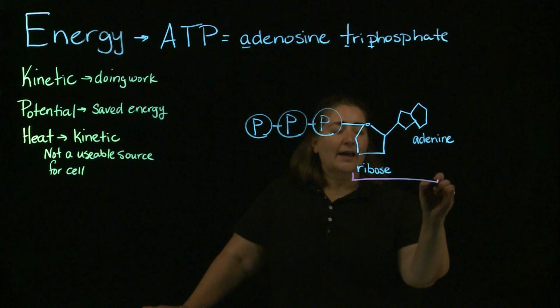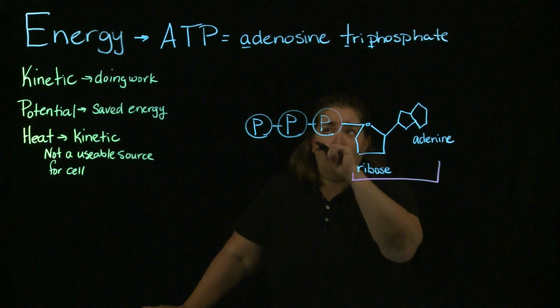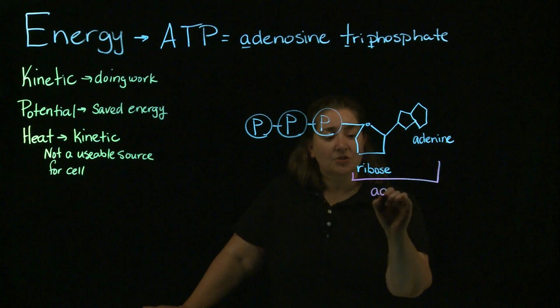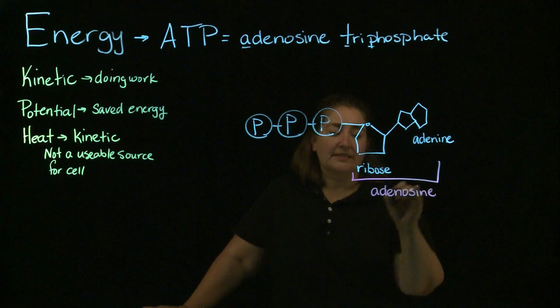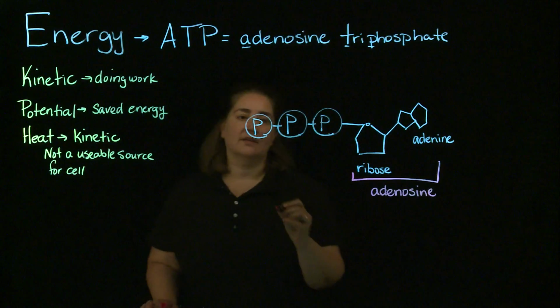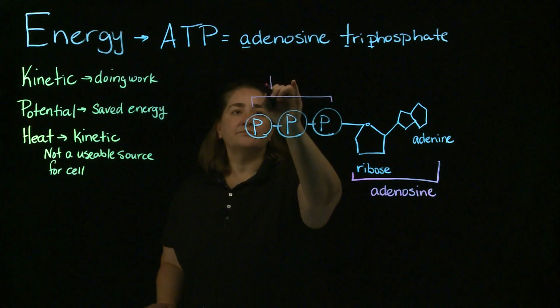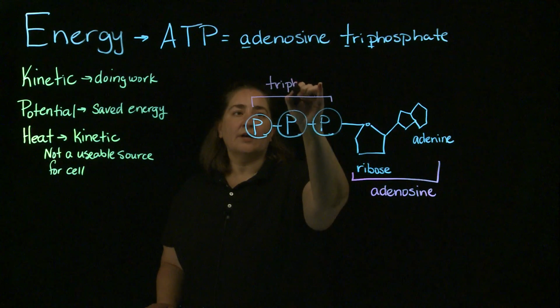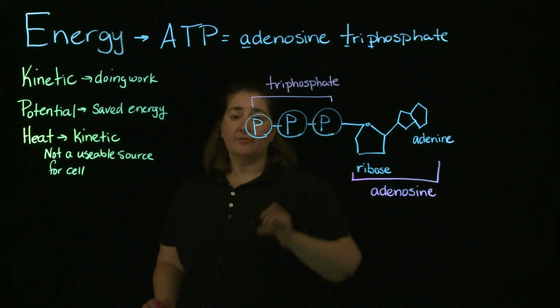When you have a base and a sugar, that base and sugar together give us our adenosine. And then here we have our triphosphates, so we've got 3 phosphate groups.